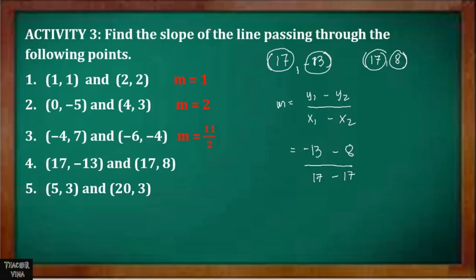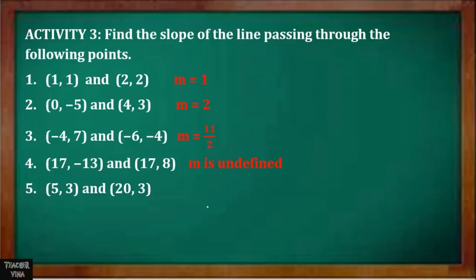So, kung makikita nyo, dun sa denominator, 17 minus 17, this will be equal to 0. Remember, kapag the denominator is 0, therefore, the slope is undefined. Therefore, that's our answer for number 4. M is undefined.